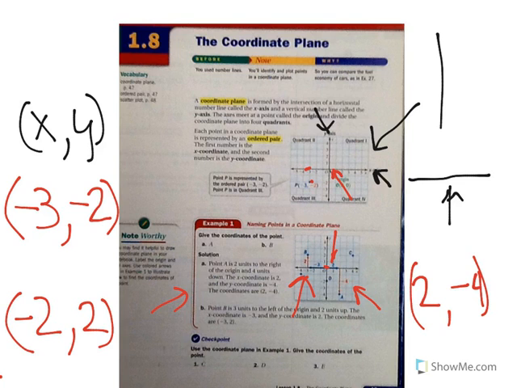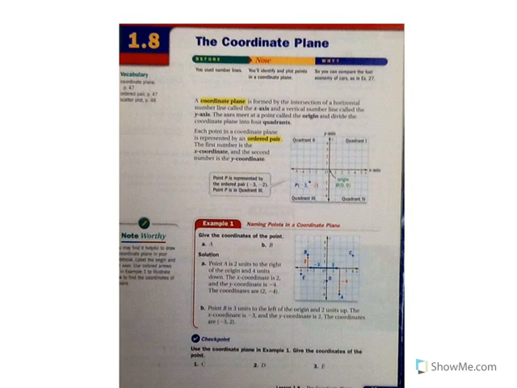So let's look at this stuff here. It says, use the coordinate plane in example 1. Give the coordinates of each point. So for point C, we're going to count over again. 1, 2, 3, 4 over. So that's going to be our x-coordinate. Then how many up?